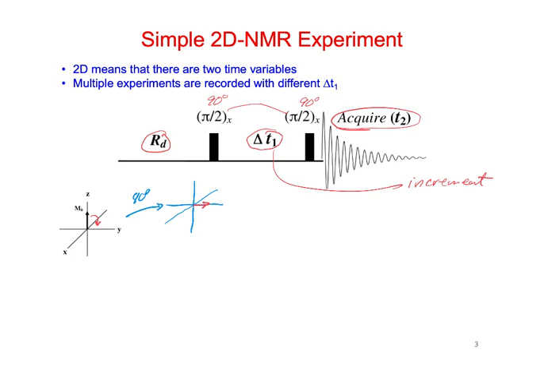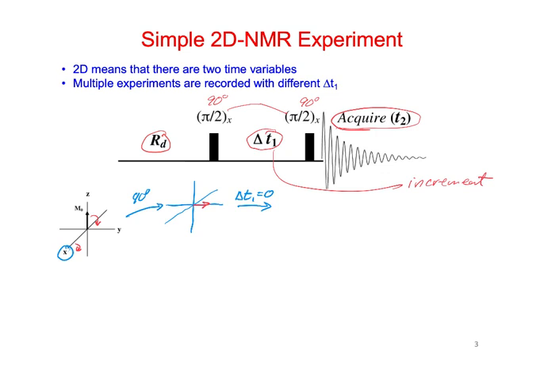Now we choose an increment, wait that time period, pulse it again, and then do acquisition. Let's start out with T1 equal to 0. Here's the x-axis. This was the 90-degree pulse. It rotated around the x-axis.